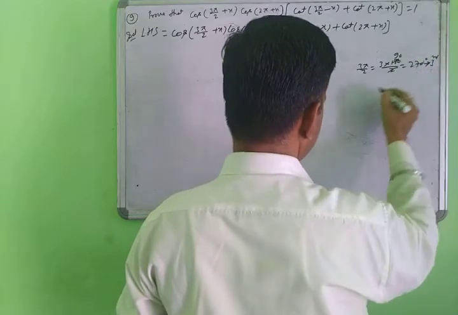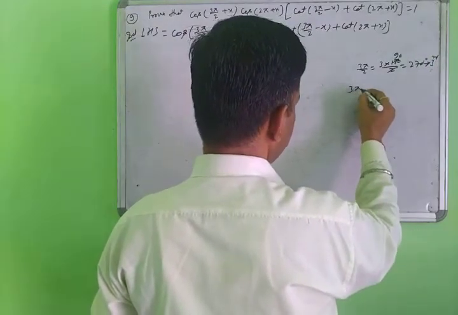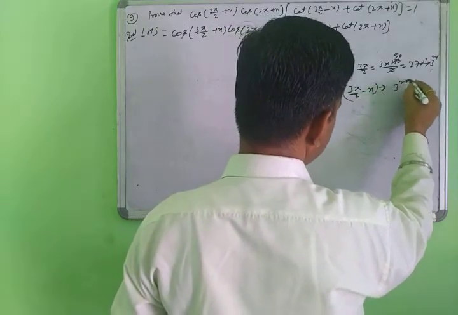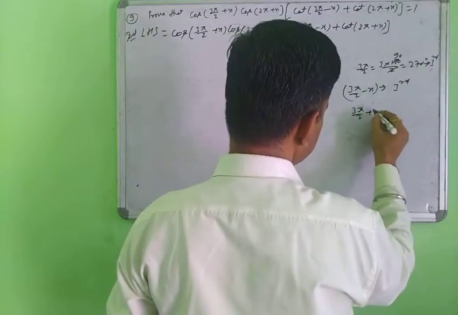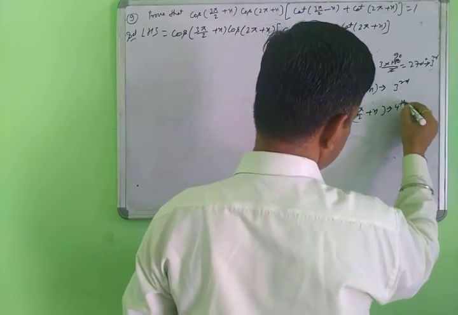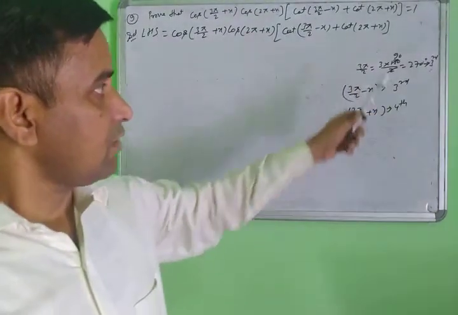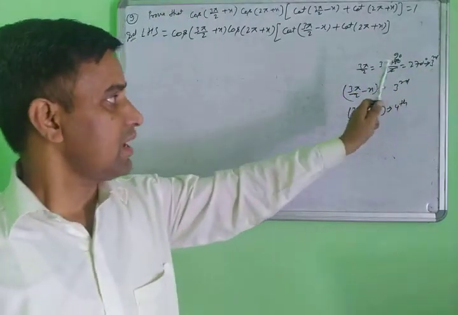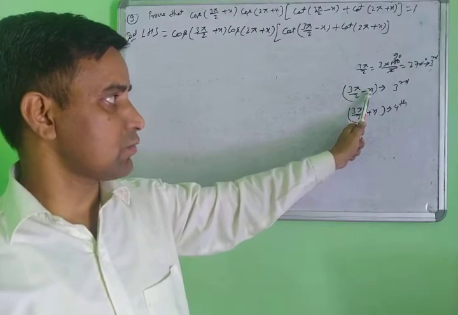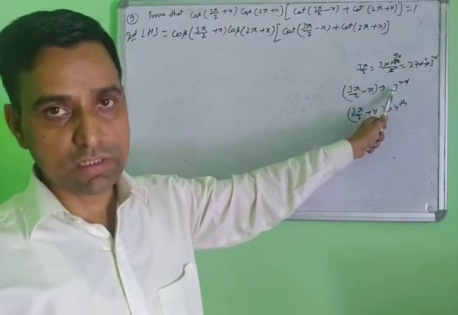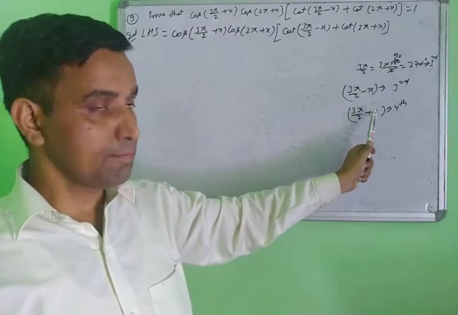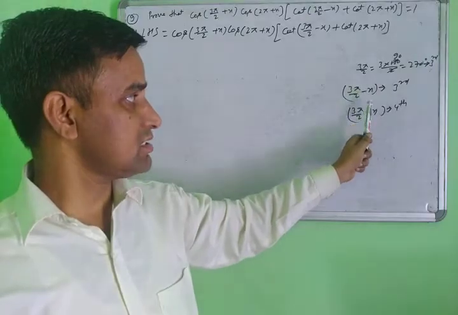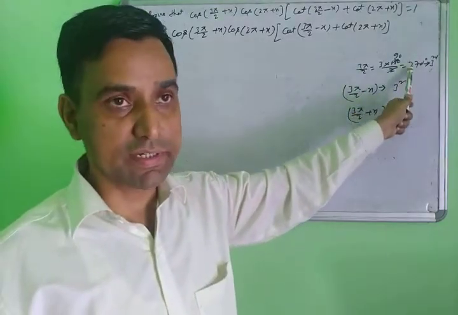So for 3π/2 minus x, you are going into the third quadrant, and for 3π/2 plus x, you are going into the fourth quadrant. If you subtract something at 270 degrees, you are in the third quadrant; if you add something, you move into the fourth quadrant.